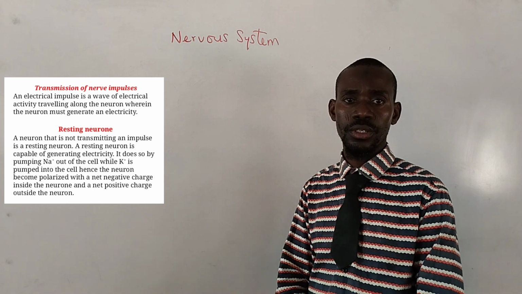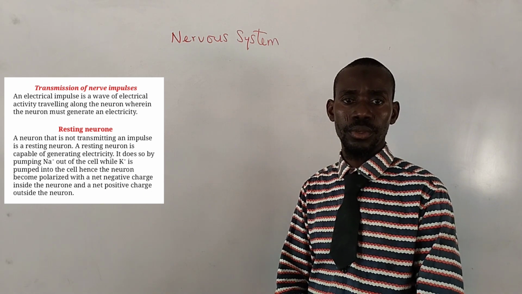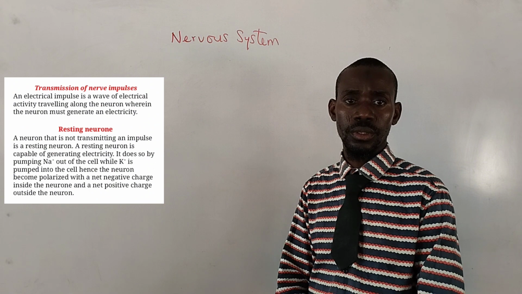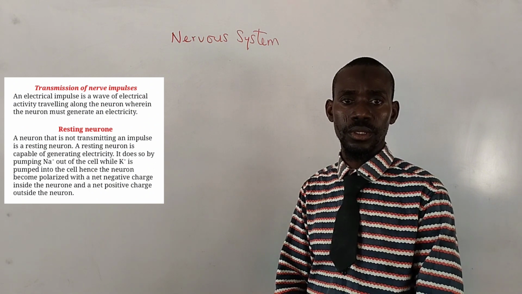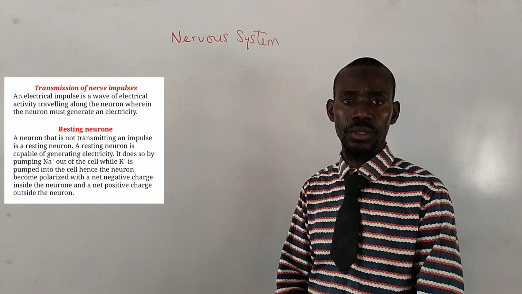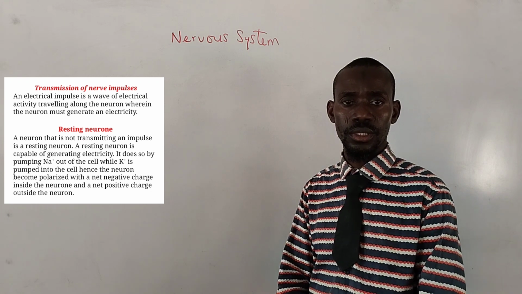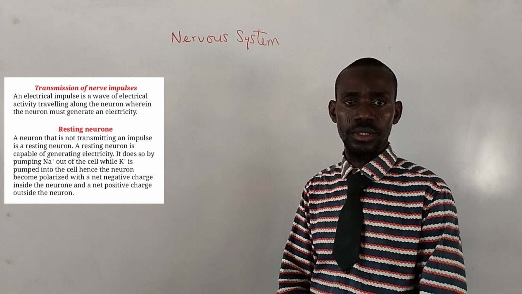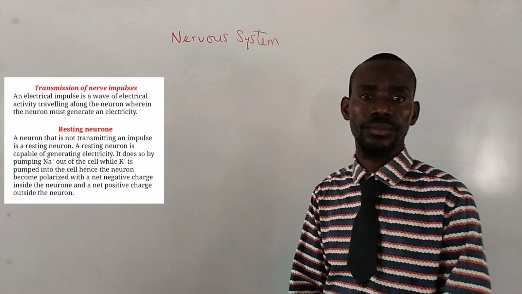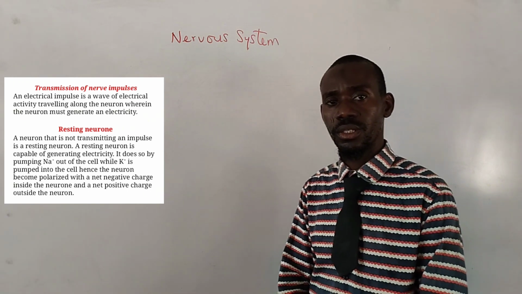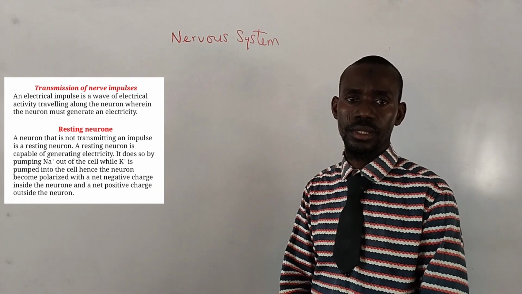For the neurons to generate electricity, impulses in the form of waves must travel along it, and in that process, an impulse is generated in the form of electricity, either to the CNS or away from the CNS.